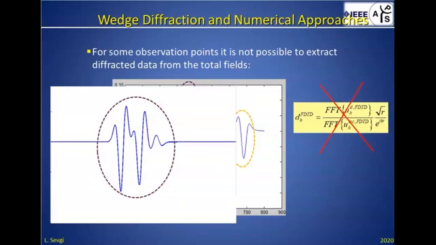You see in this one, the incident, reflected, and diffracted fields overlap. So it is not possible to apply time gating. So we introduce another approach, which is a general approach, and we will see it in the next slides. Next one, please.